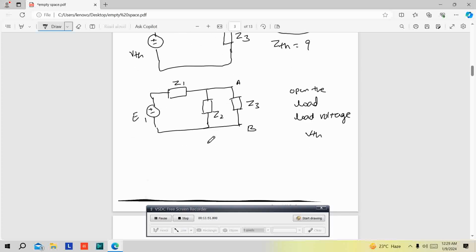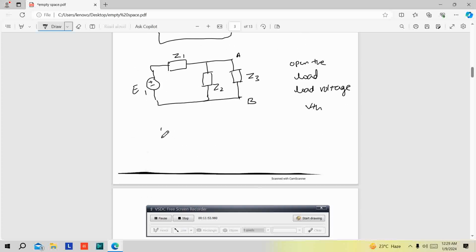See here, I open the load, then the circuit becomes like this: plus minus E1, this is Z1 and this is Z2. Open the load like this. Now we want to calculate the load voltage. This is VTH, correct? So how can we calculate VTH from this diagram?